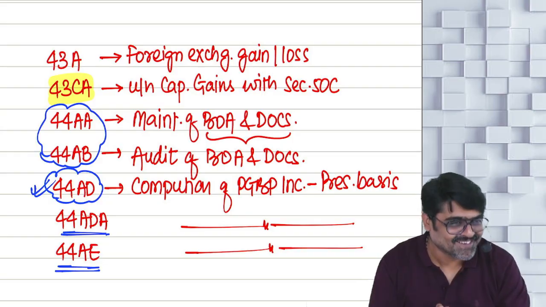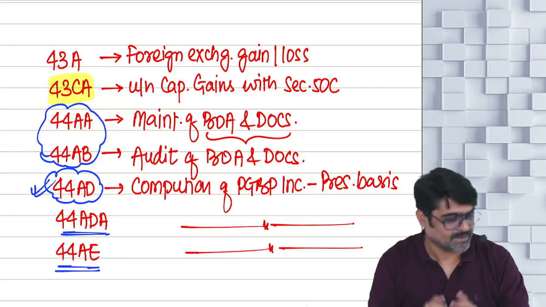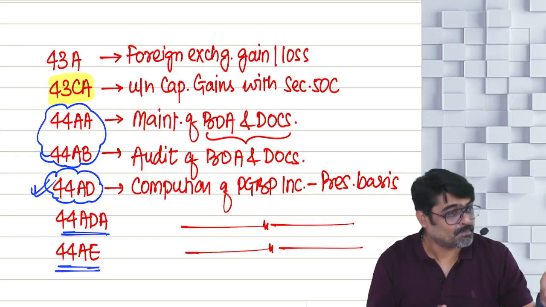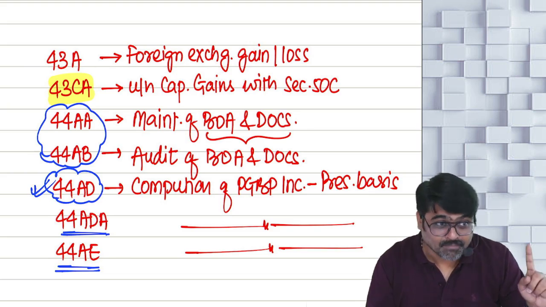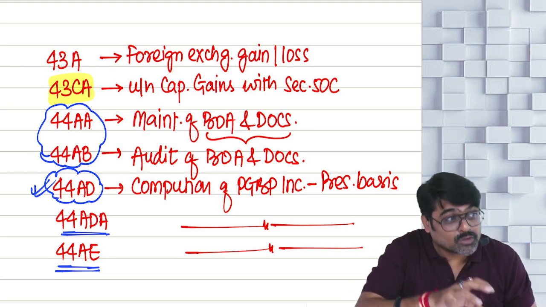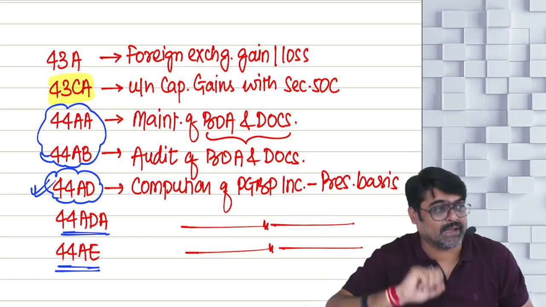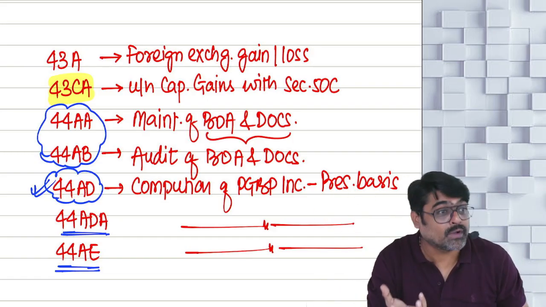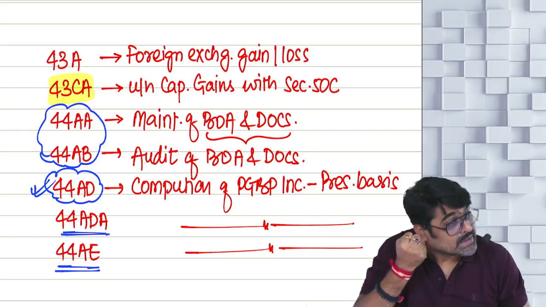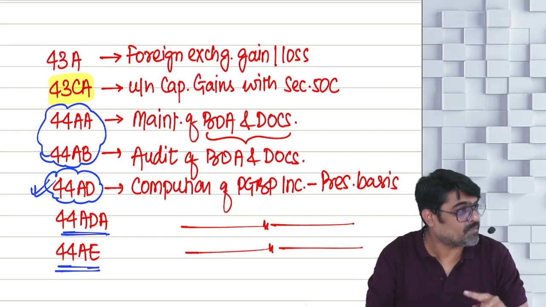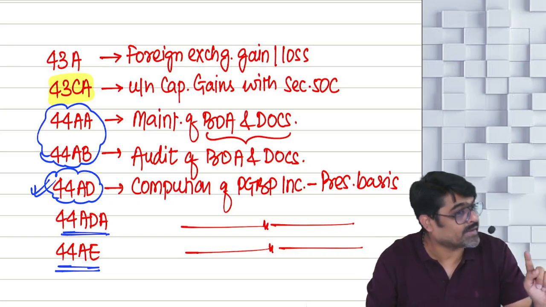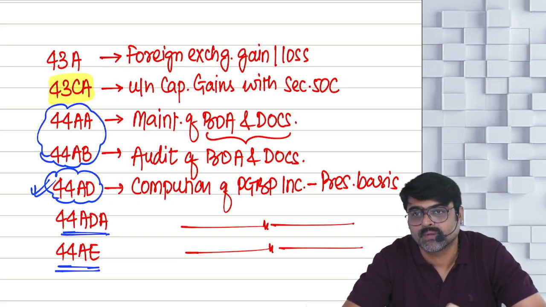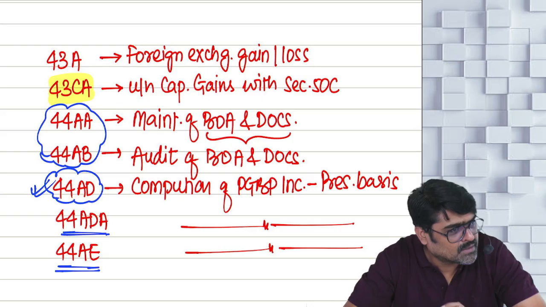Who will give that assurance? A chartered accountant. So maintain your books, get them audited. Those books we can ask at any time, because based on those books only we are going to compute your income to verify whether you are showing us the correct income or not. Did you understand the logic?